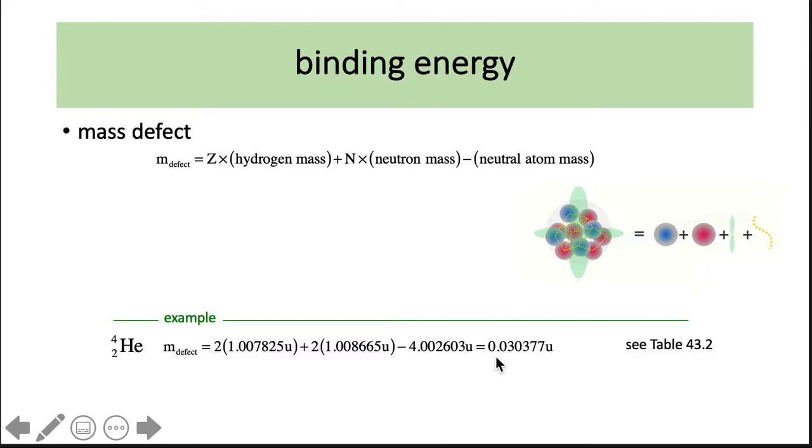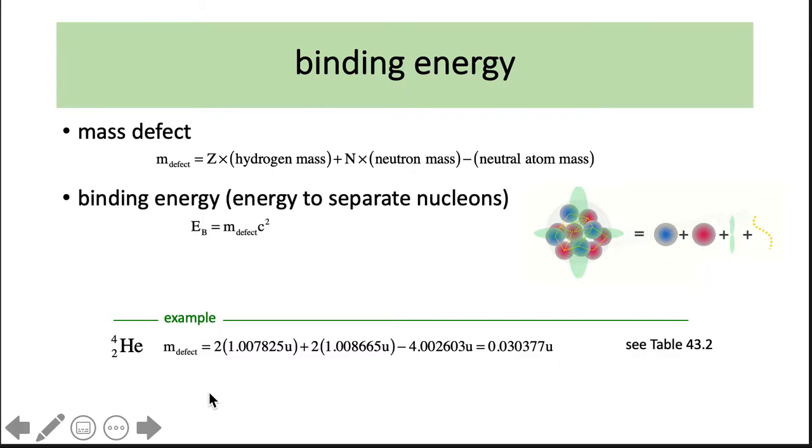And you get plus 0.030377 U. That's the mass defect for that atom.